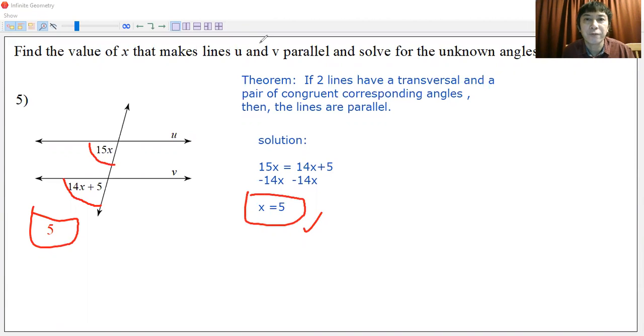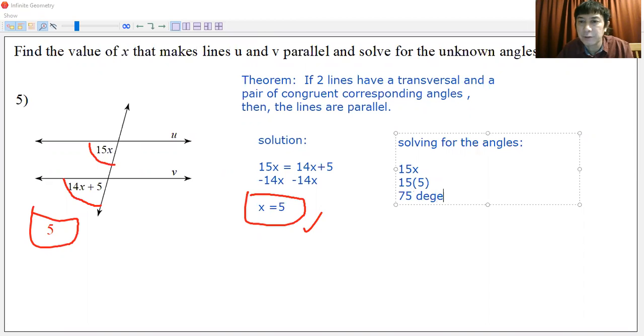Okay, let us solve for the angles. The first expression, 15x, means 15 times the 5, which gives us 75 degrees. We use now the second, 14x plus 5.